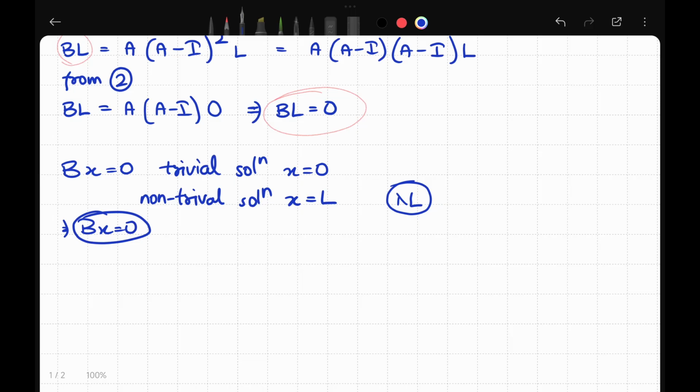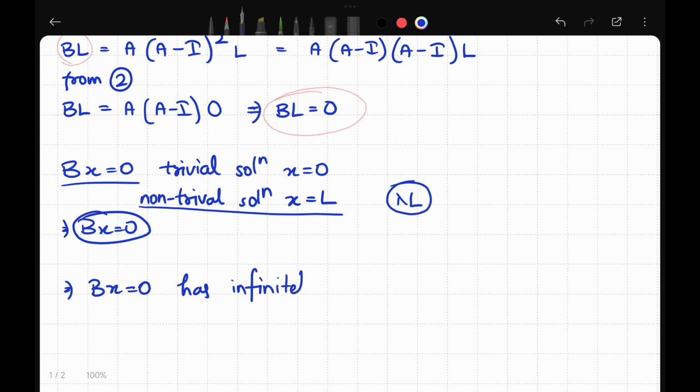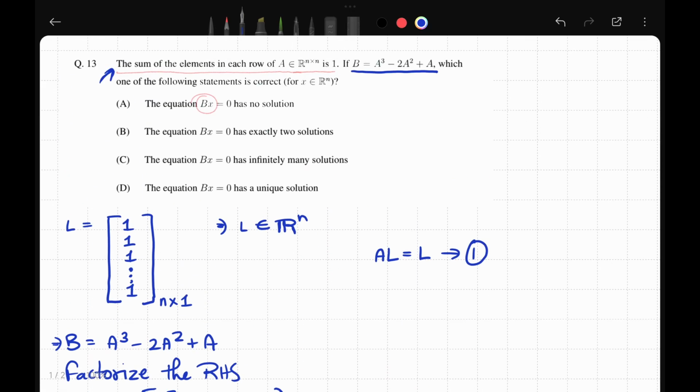But since we have this non-trivial solution x equals L for this homogeneous system, we can conclude that Bx equals 0 has infinitely many solutions, and hence the answer to question number 13 is C.